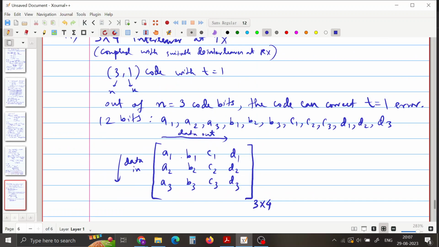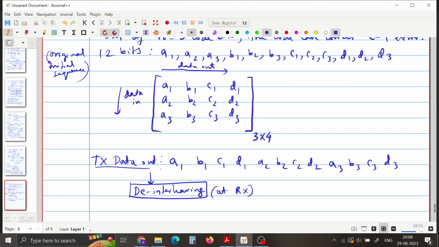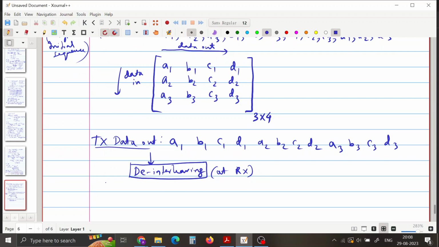Once again, this is my original initial sequence of 12 bits, A1, A2, A3, like this. After doing interleaving, I have a different modified sequence, A1, B1, C1. After doing de-interleaving, I once again get back my original sequence.